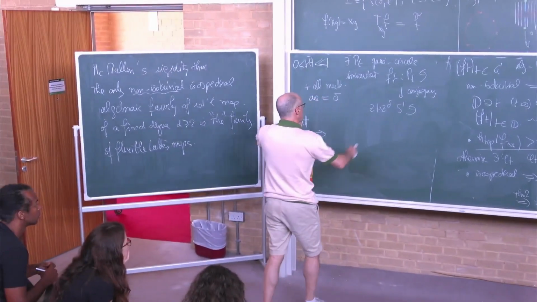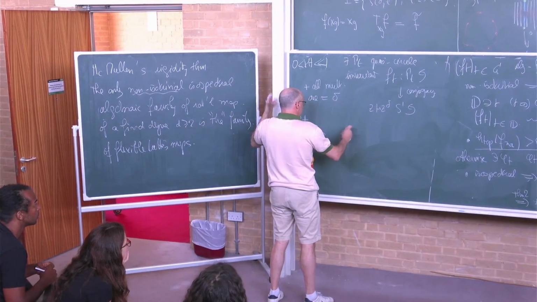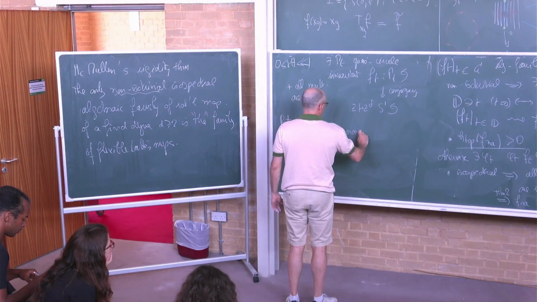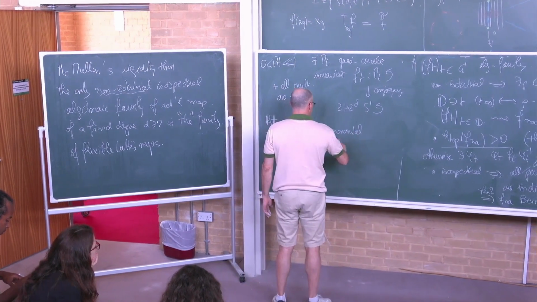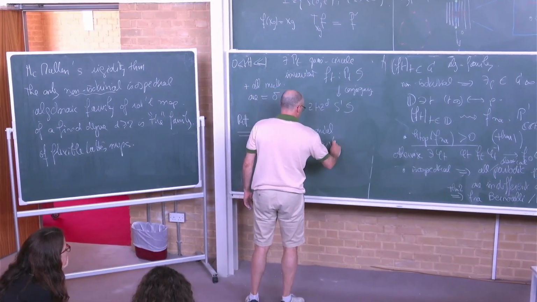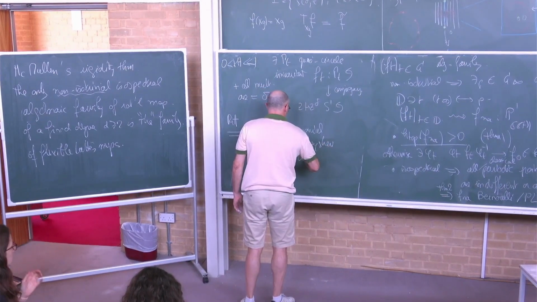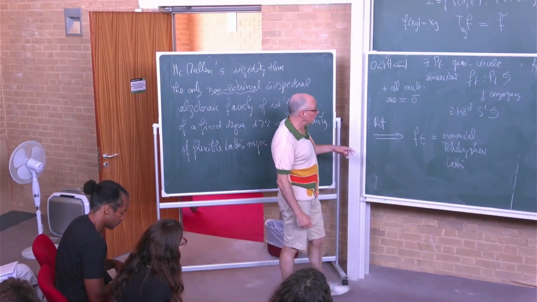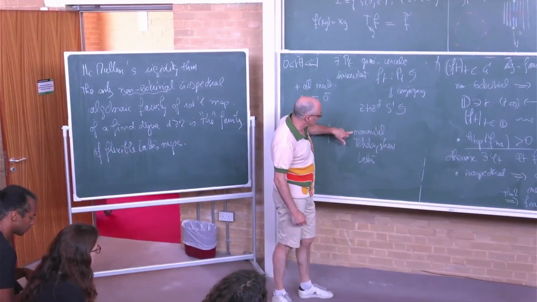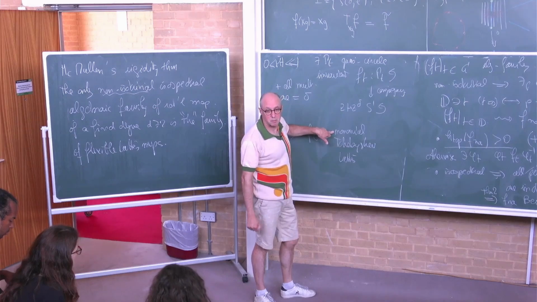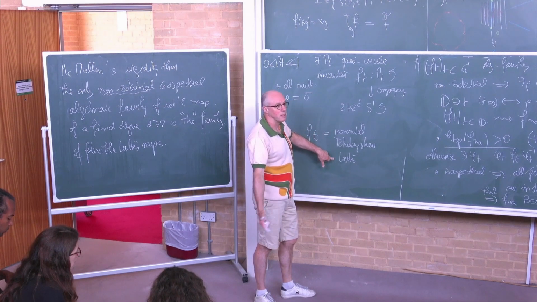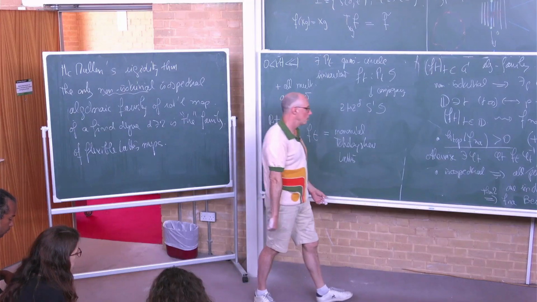So this implies that in fact Ft is very rigid: Ft is either monomial or Chebyshev or lattice. Not necessarily lattice, flexible lattice, but then you complete the proof by looking at, okay, being monomial is just an isolated point inside the moduli space, Chebyshev the same, and then you have either flexible lattice or rigid lattice that are also isolated.